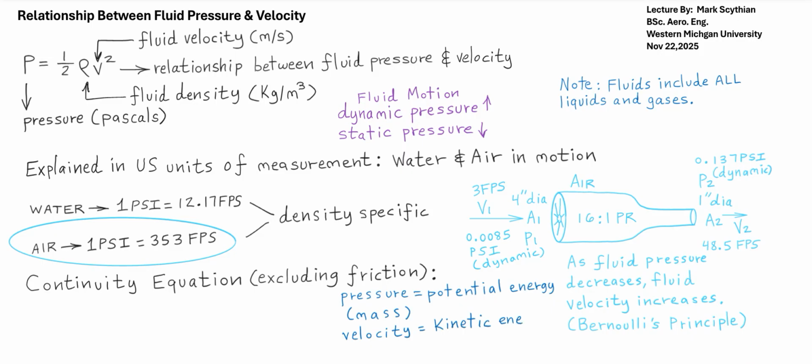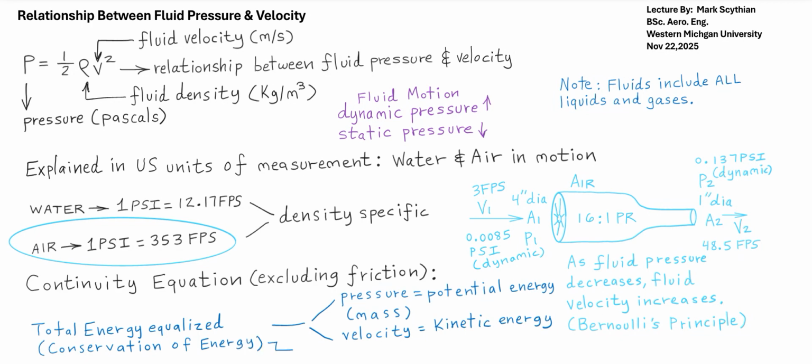And then the velocity is the kinetic energy, and that represents the conservation of energy: the total energy is equalized as the cross-sectional area narrows. So we're not changing the energy, we're just increasing the velocity to keep the total input-output energy at zero, including friction losses, of course. But if we exclude that, we have then the equilibrium, and this then obeys the first law of thermodynamics, which states that energy cannot be created or destroyed, but only change in form.